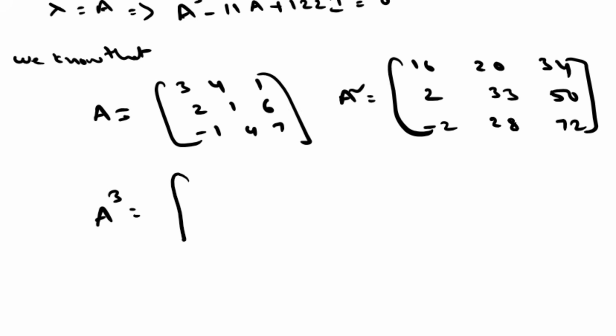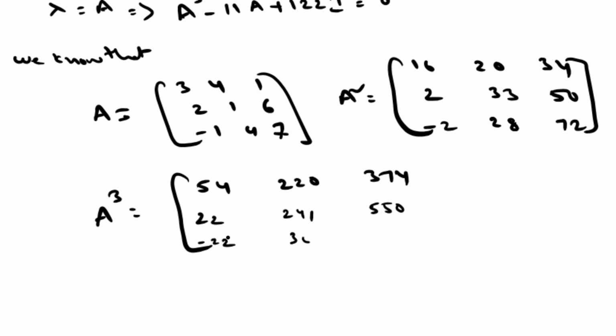And the value of A cube is 54, 220, 374, 22, 241, 550, minus 22, 308, 670.